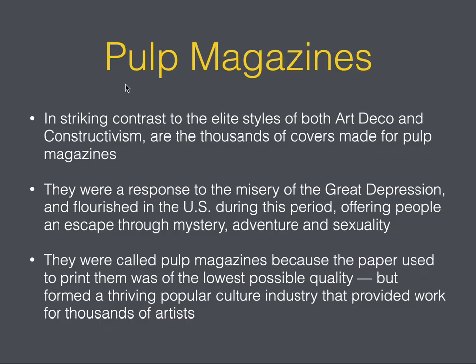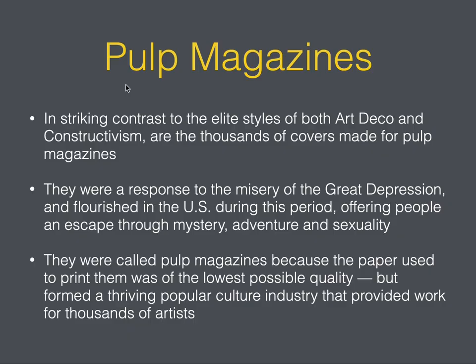So while we had very sophisticated business magazines, we also at this time came about pulp magazines. So these were created in striking contrast to the elite styles of both Art Deco and Constructivism, and there were thousands and thousands of these that were in publication.